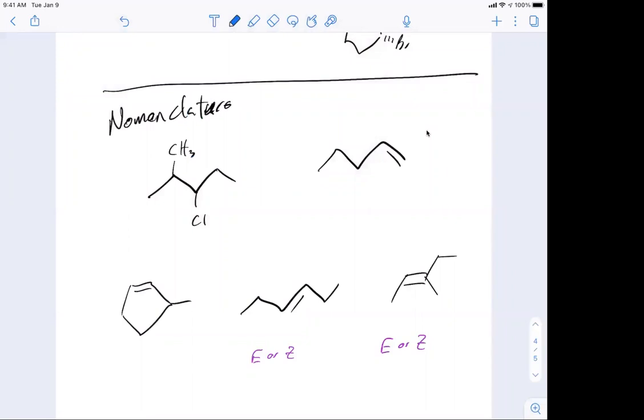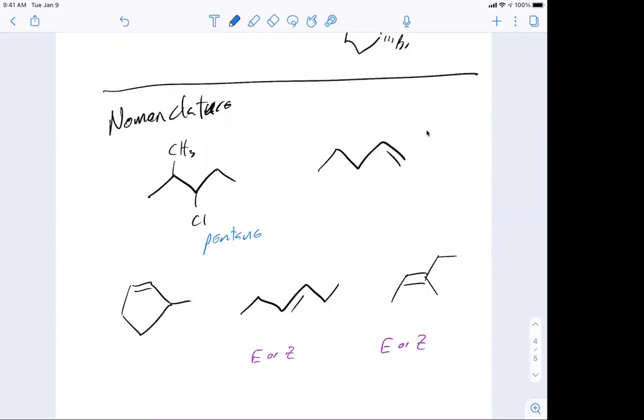Let's take a look. In the first one, how long is our carbon? Our carbon chain is 5, right? So 1, 2, 3, 4, 5. That gives us pentane. A chlorine is not a functional group, so we're not going to change the functional group. And then if we look at our carbons, we could either go 1, 2, 3, or we could go 1, 2, 3, 4. 2, 3 is better than 3, 4.